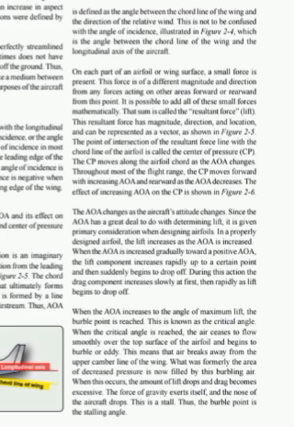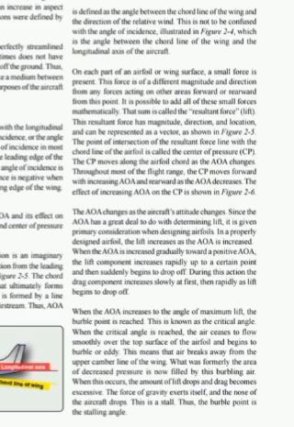Throughout most of the flight direction, the center of pressure moves forward with increasing angle of attack and rearward as the angle of attack decreases. The effect of increasing angle of attack on the center of pressure is shown in Figure 2.6. The angle of attack changes as the aircraft's attitude changes.